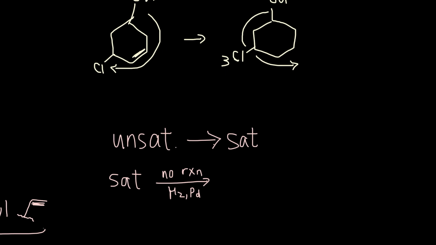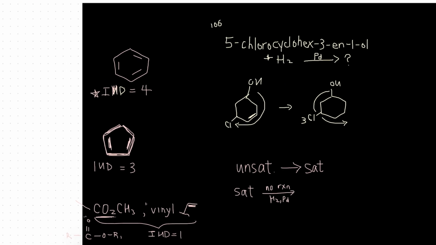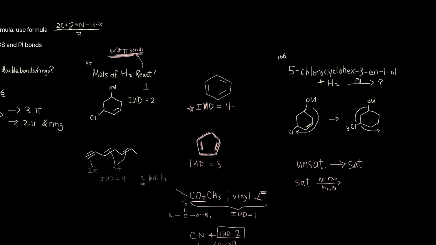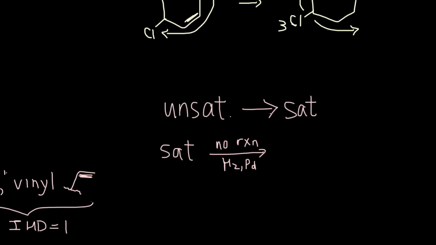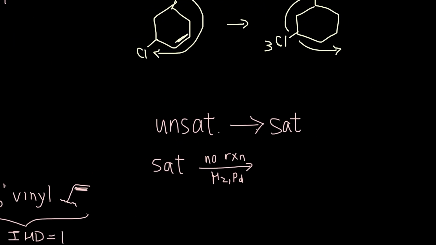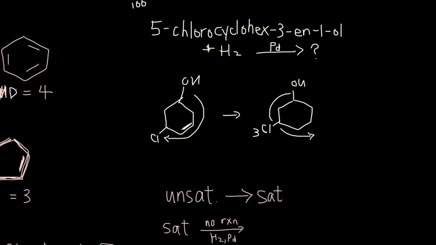So the biggest thing here is that if they ask you, will this hydrogenation reaction happen? And you see this entire lesson, we've tied in hydrogenation and IHD. Will hydrogenation happen? Will adding hydrogen create a new product?